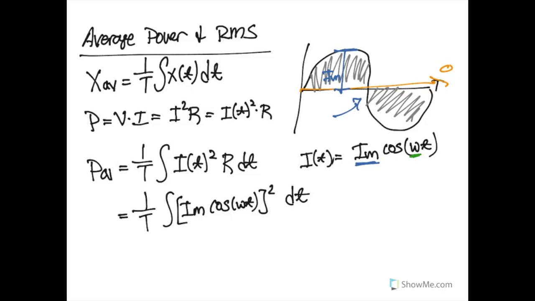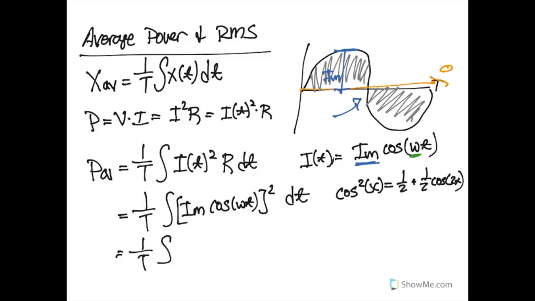Now, as we expand all of this out, we're going to have Im squared and then a cosine squared, and it becomes a slightly messy integration. But we can go back to our trigonometric identities and say that a cosine squared is 1/2 plus 1/2 cosine of 2x. And so we can rewrite our integration as 1 over T, again integrating across the time period.